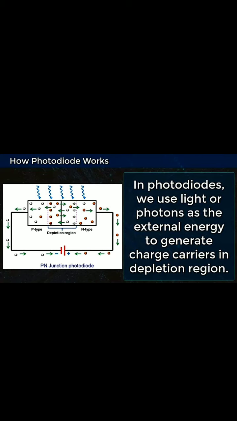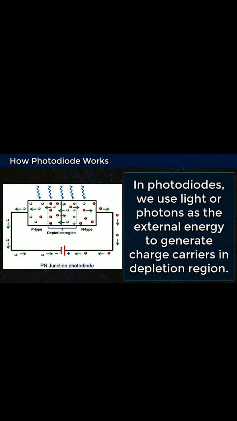So due to that light energy, when it is incident on the junction in the depletion region, electrons will detach because they gain energy from the light energy, break the covalent bond and move freely inside the depletion region.